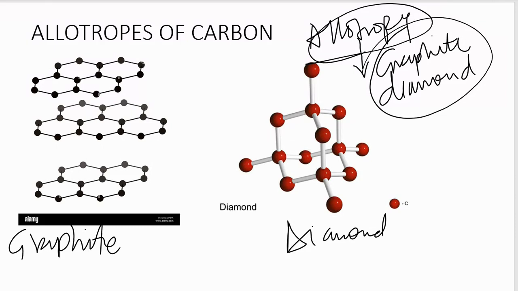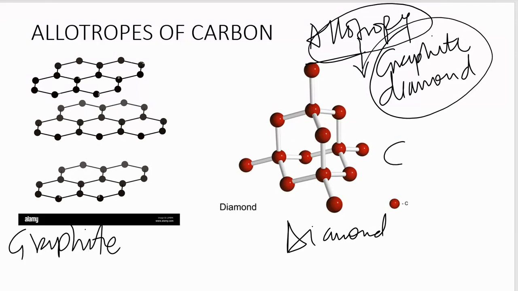For diamond, if you look at the structure of diamond, it is rigid, and it uses the four valence electrons to form covalent bonds. How?